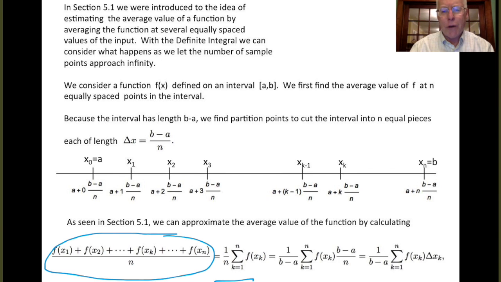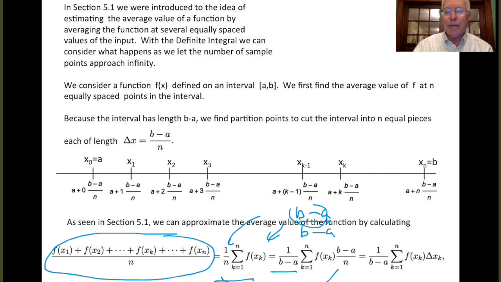Now we do something a little tricky. We're going to multiply and divide this sum by b minus a, so I'm going to multiply by b minus a over b minus a. The bottom b minus a I'm going to leave out in front of the sum. The top one we're going to put over the n and bring inside the sum.